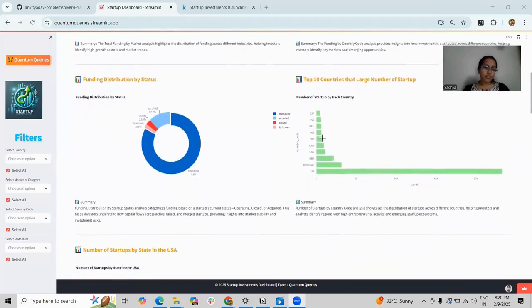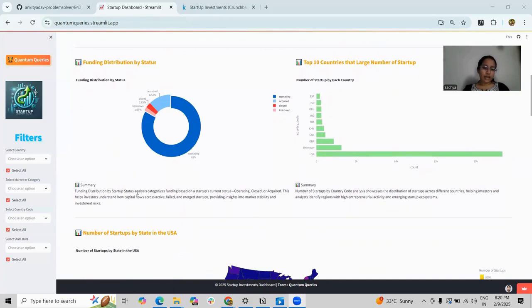The funding distribution status chart analyzes and categorizes the funding based on the startup's current status, which is operating, closed, or acquired. This helps investors understand how capital flows across active, failed, and merged startups, providing insight into market stability and investment risk.